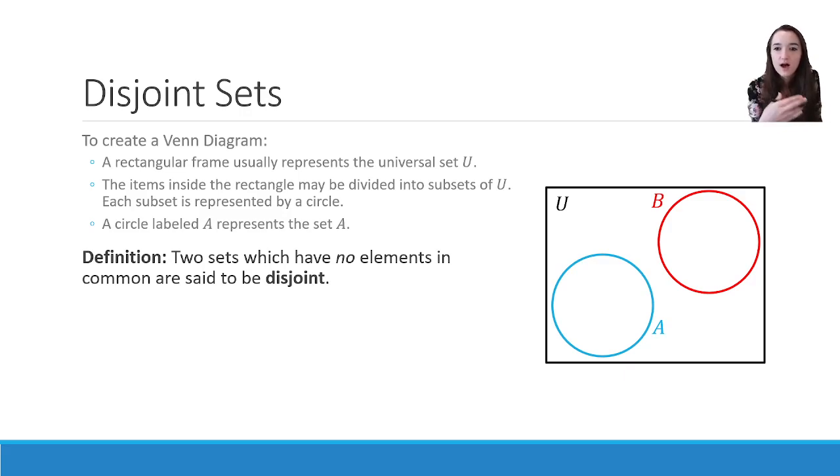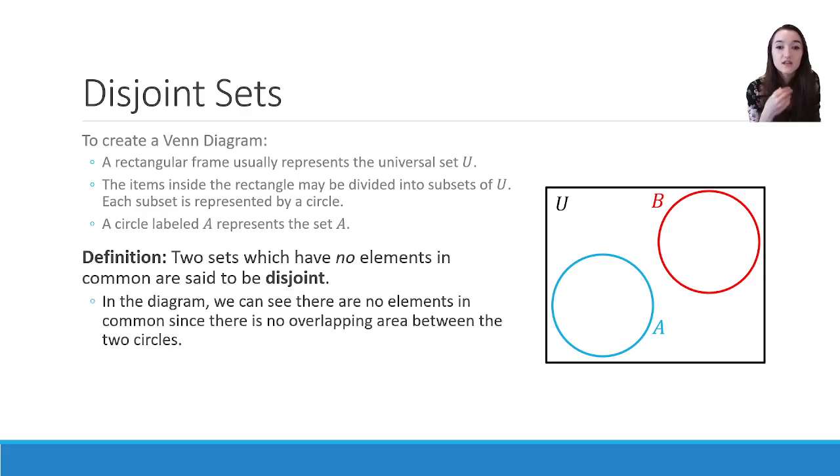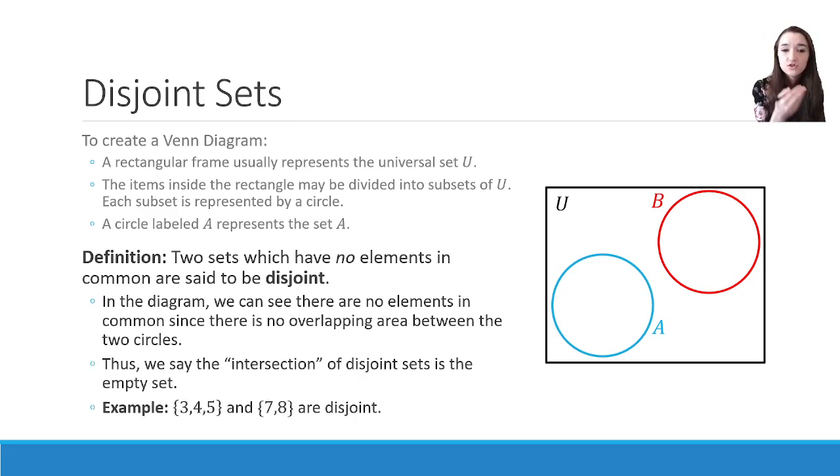The first possible orientation that we can run into is called disjoint sets. Two sets which have no elements in common are said to be disjoint. Here I have A and B. I've drawn them as non-overlapping circles because they have no elements in common. For example, {3, 4, 5} and {7, 8} would be disjoint.